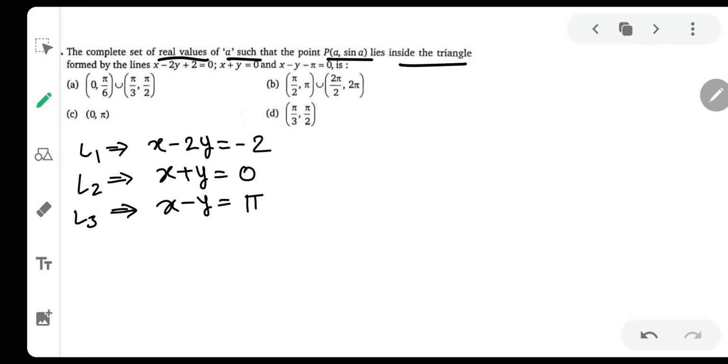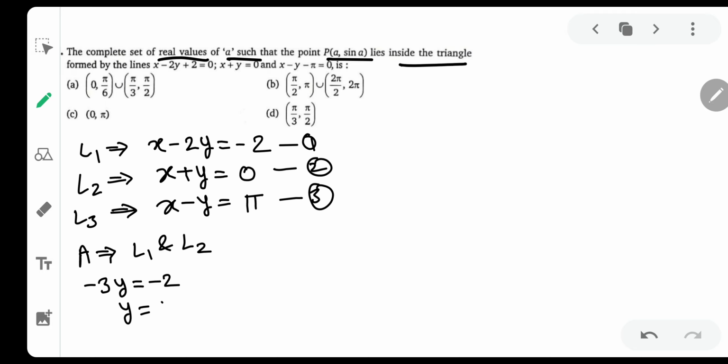The first two lines are L1 and L2. Let me solve L1 and L2 together, and let their point of intersection be A. I am subtracting equations 1 and 2. Once you subtract, you get minus 3y equals minus 2, so y equals 2 by 3.